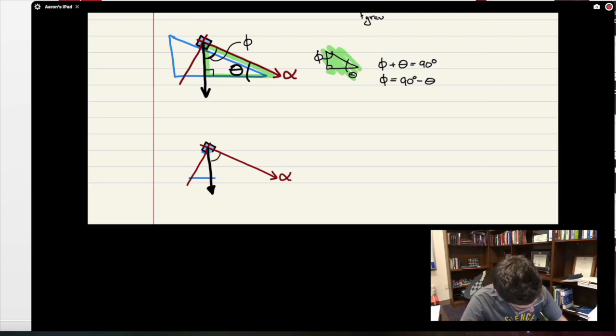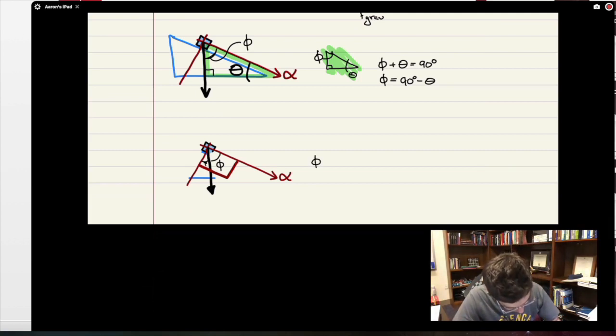We just determined that this is phi. But if you look just at the red lines, you should hopefully appreciate that this is a right triangle, a right angle. Kind of exaggerated, but if you zoom in, at the ramp, where the ramp and that red line hit, that is a right angle. But then there's also phi, which we just determined, and there's this angle here, which I'll just call question mark, that make up that right angle.